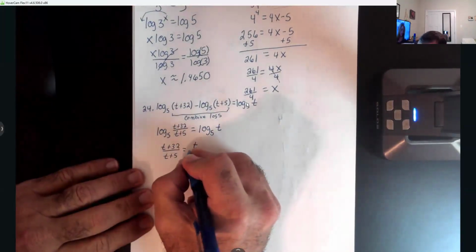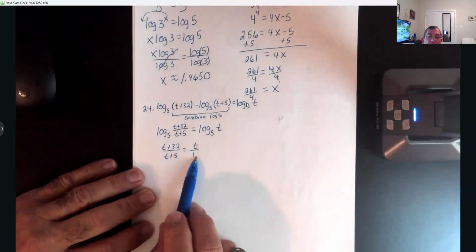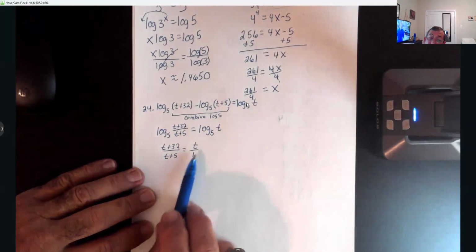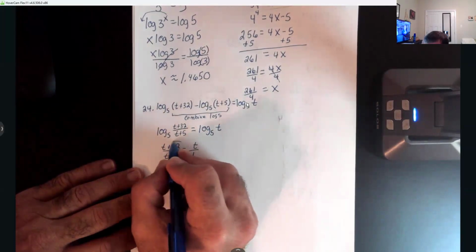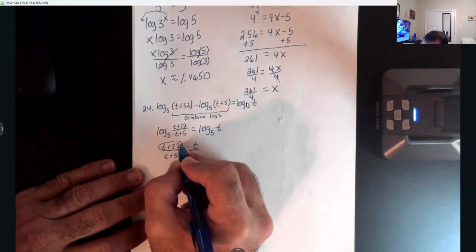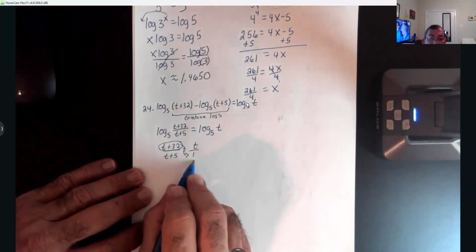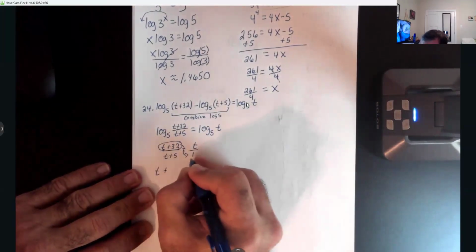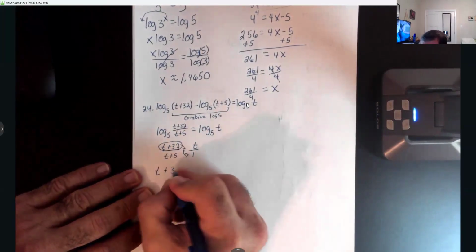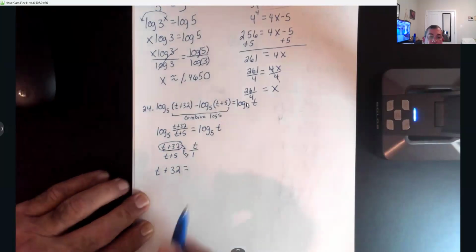And y'all, this is where I sort of made it look like another fraction by putting a 1 under the t, and I'm going to cross multiply. So this t plus 32 gets multiplied by 1. So 1 times t is t, plus 1 times 32 is 32.